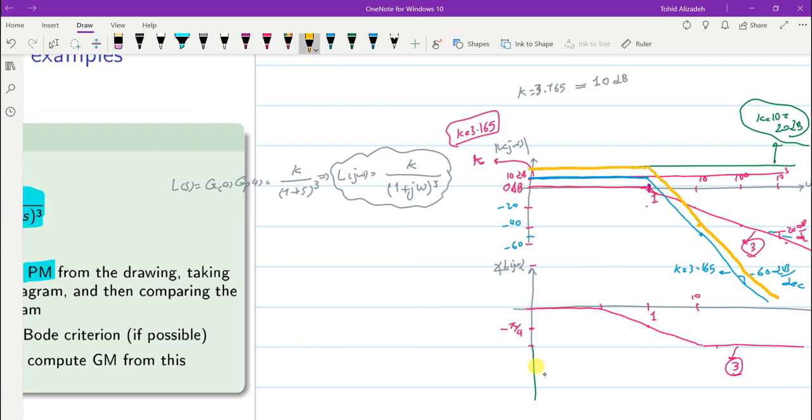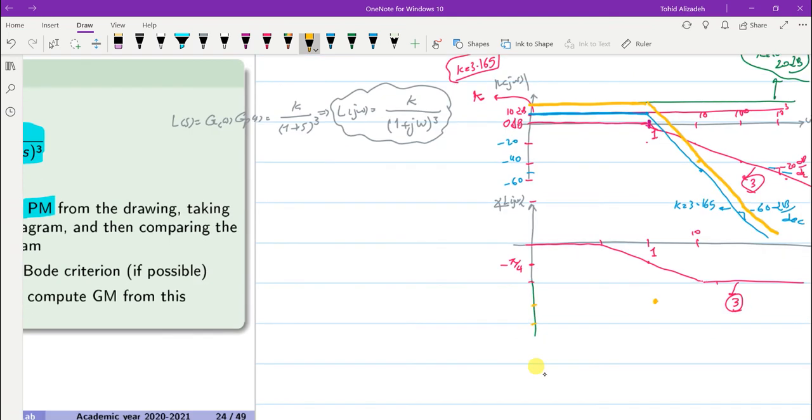We need to introduce 3 components like the one that we have here. At omega equal to 1, we will have minus 3 pi over 4. So we'll be here. At omega equal to 10, we will have minus 3 pi over 2. Let me extend the axis.